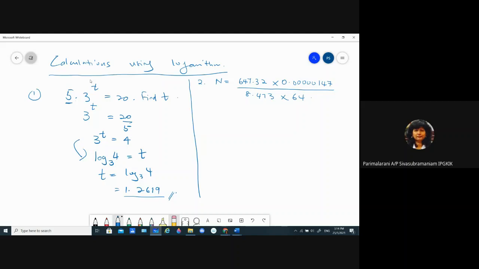If you're not going to use the calculator in the first step, how do we solve this? For questions like this, we add log on both sides. We take log for both left and right. So log n. When I write log n, I actually mean log base 10. So this is equals to log of this whole thing.